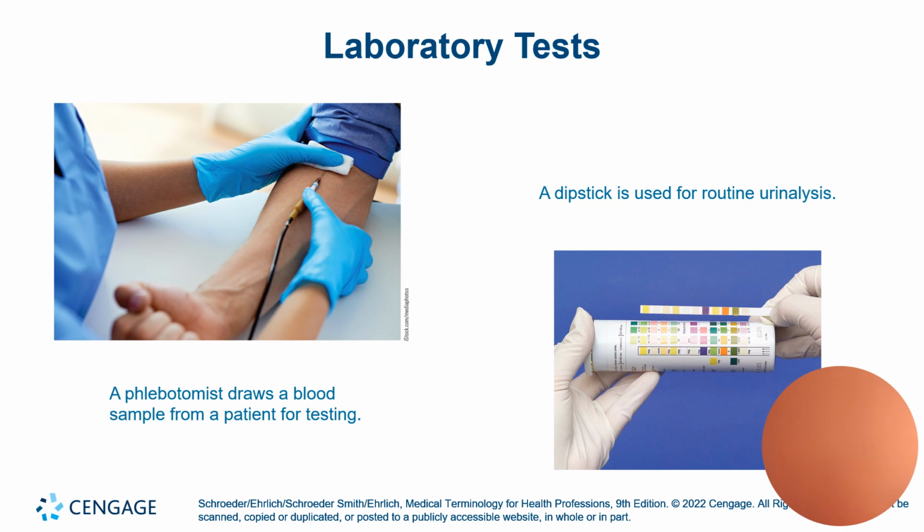This is the speed with which the red blood cells separate from the plasma and fall to the bottom of a specialized test tube. And basically what it's going to do is identify if there is inflammation.